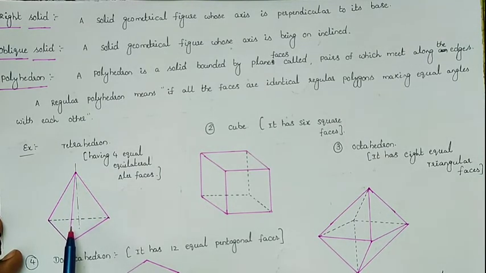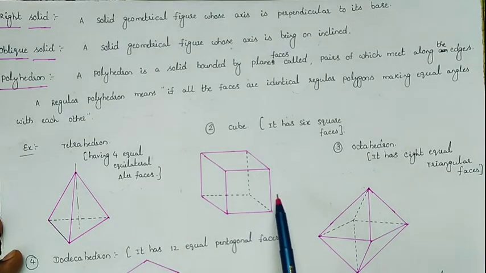The tetrahedron is one type of regular polyhedron having four equal equilateral triangle faces.